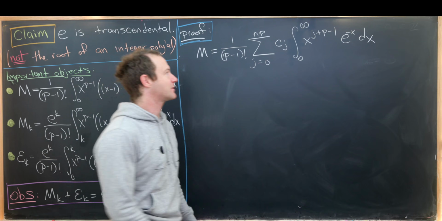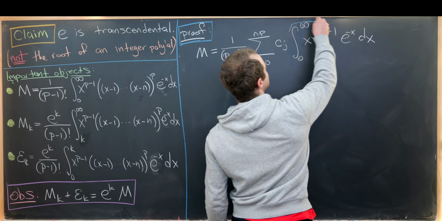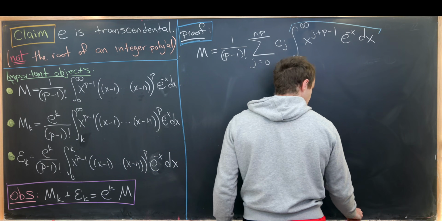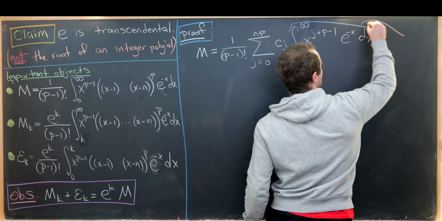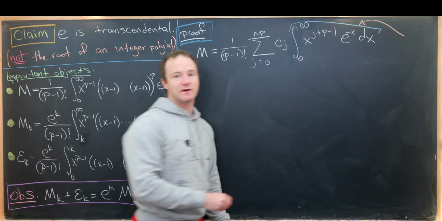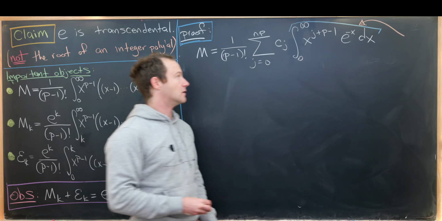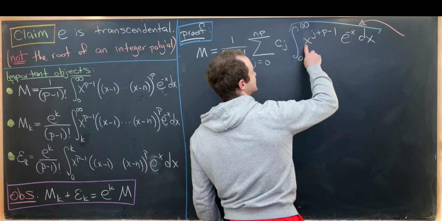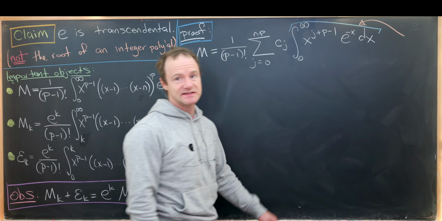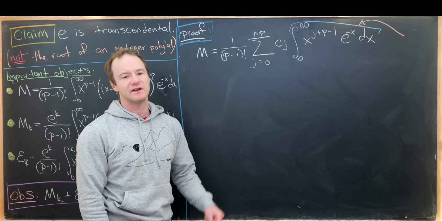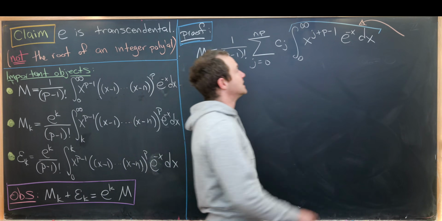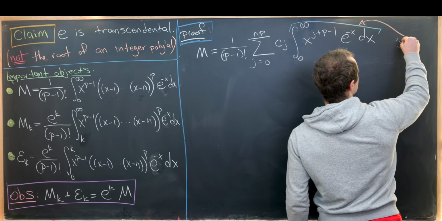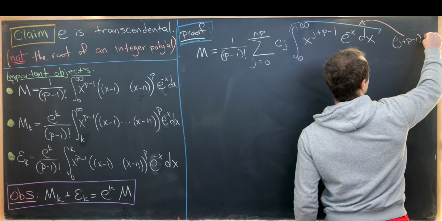Okay, so next up, I'm going to use a fairly standard result about this integral right here. This is related to the factorial, or more generally, the gamma function. It's well known that if we have x to the r times e to the minus x dx, and we integrate it from 0 to infinity, we get r factorial. So here we'll get (j plus p minus 1) factorial.